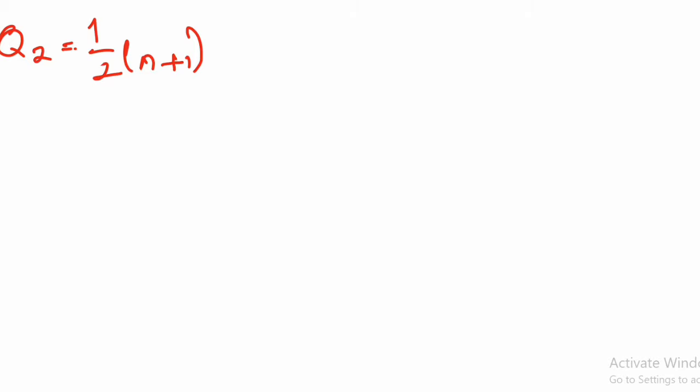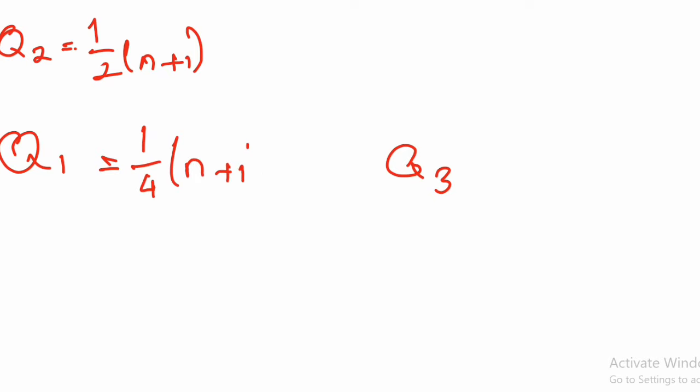Now if you want to find Q1 and Q3, they have their own formulas. So for Q1, it's 1 over 4 (n plus 1). What is n? It's the number of values that you have in your data set, and we are told that they are 20. You will punch it in your calculator here.